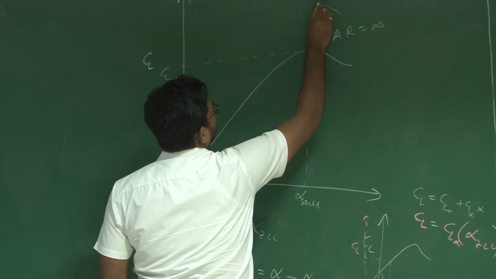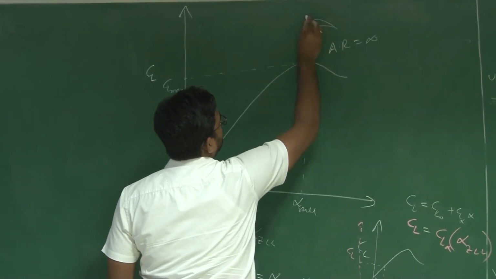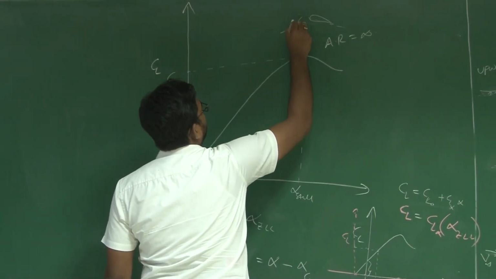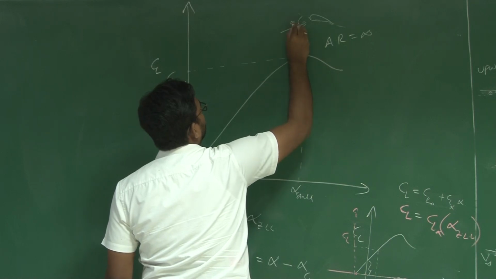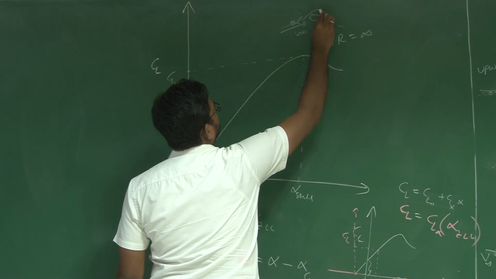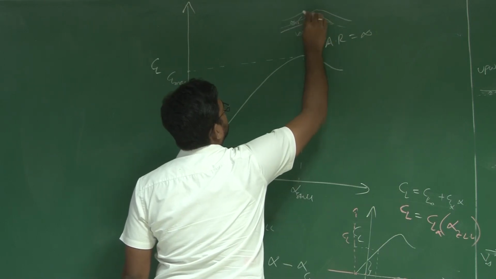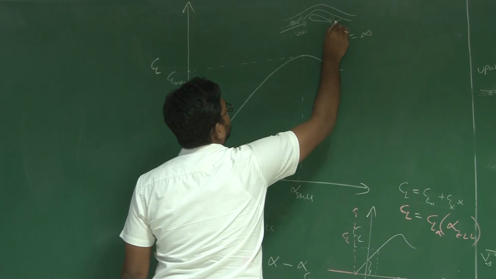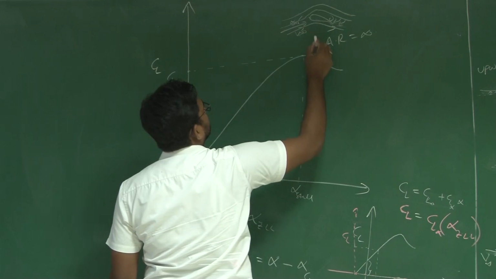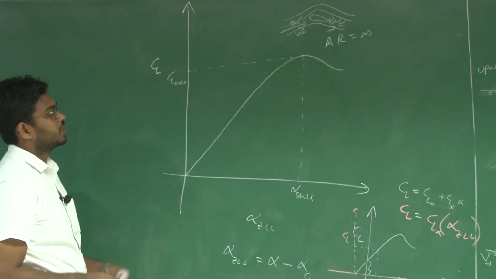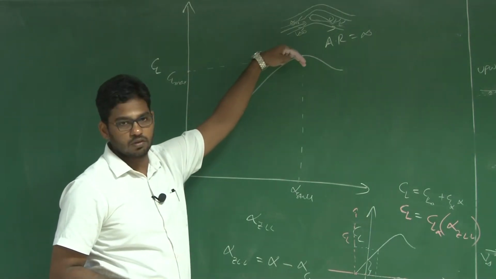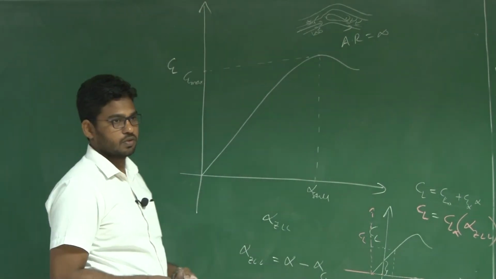This is your angle of attack, this is your free stream, this is your alpha. At alpha stall the flow separates. Flow separation happens over this aerofoil. A major part of the flow gets separated from the aerofoil, because of which there is a sudden drop in CL beyond alpha stall.